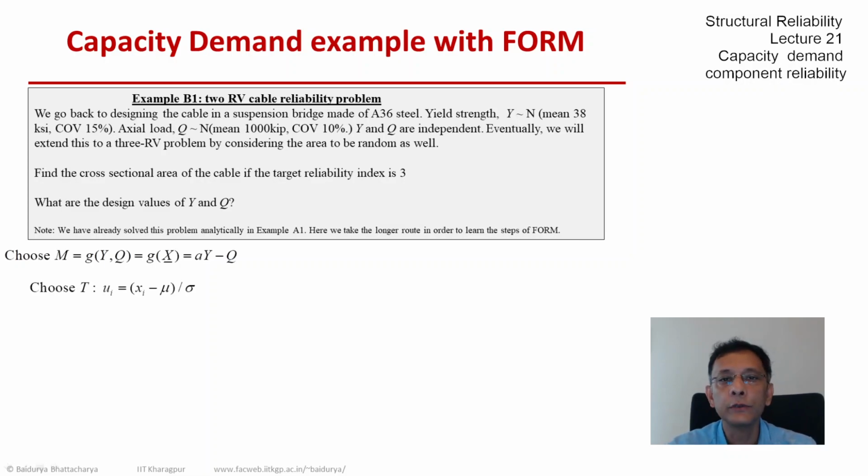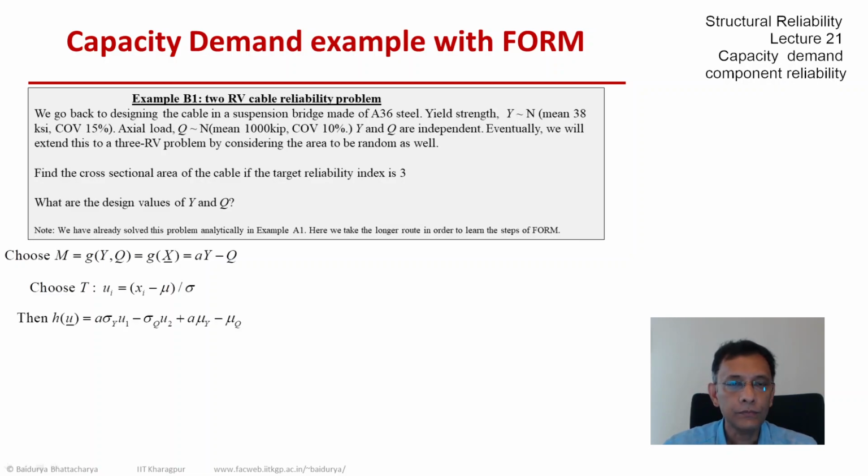The transformation we choose, again, we choose the simplest one, the Hasofer-Lind transformation, the second moment transformation. So all we do is u is x minus mu over sigma. There are two x's, so we have two u's, and it's a two-dimensional problem. So you can actually plot it if we want on a paper.